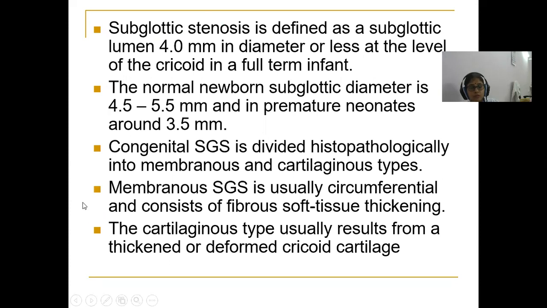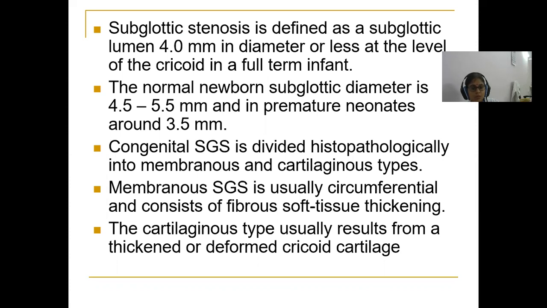It is defined as a subglottic lumen of 4 millimeters in diameter or less at the level of the cricoid cartilage in a full-term infant. The normal newborn subglottic diameter is about 4.5 to 5.5 millimeters, and in premature neonates it's around 3.5 millimeters.